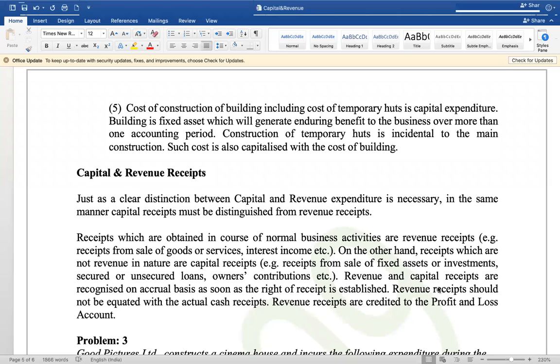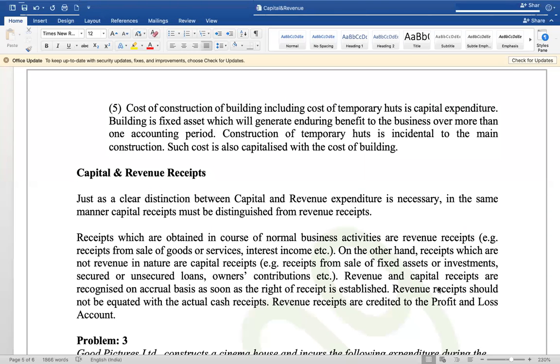We're talking about receipts. So when we are talking about receipts, it is not based on the date received, but it is based on when it is accrued. What is accrual basis? Accrual is becoming due.